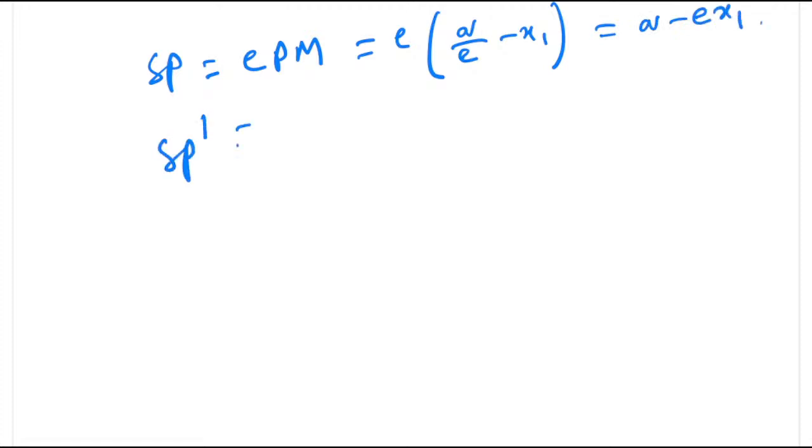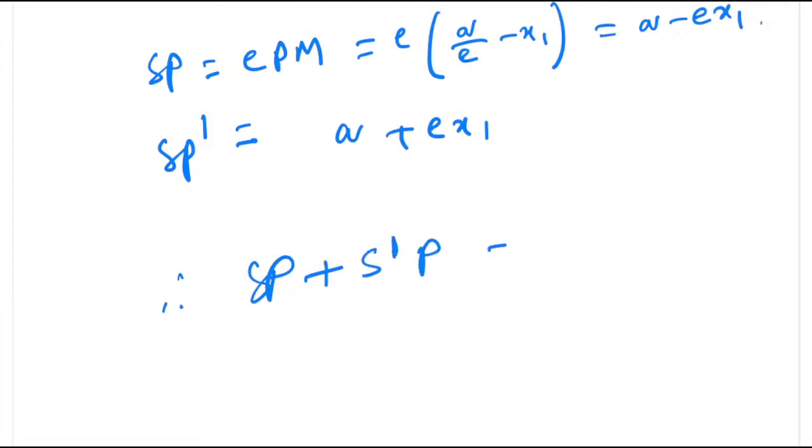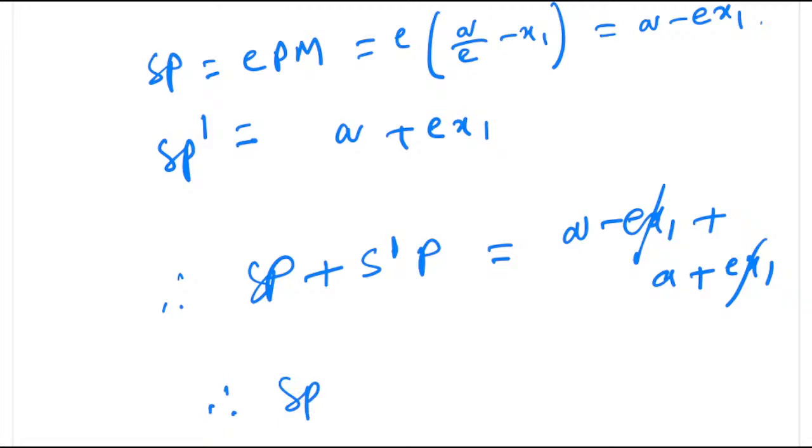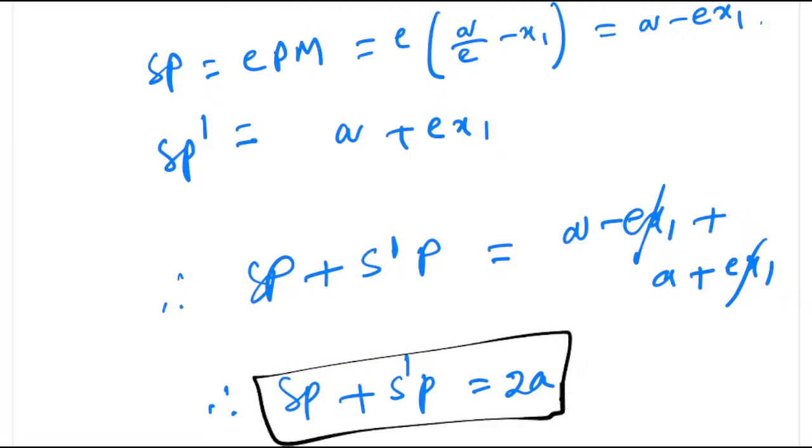Similarly, S dash P will become a plus e x1. Therefore SP plus S dash P is a minus e x1 plus a plus e x1. Cut these two, so you will get SP plus S dash P is 2a.